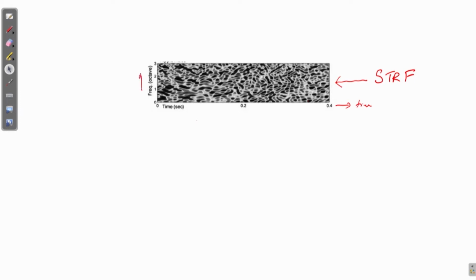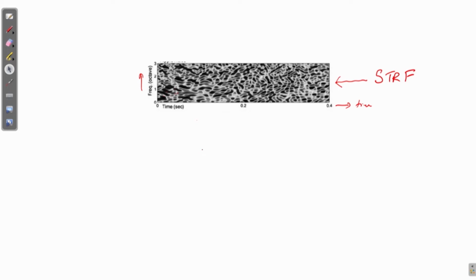On the y-axis we have frequency in octaves, and the grayscale is showing the intensity of the energy at different time points and different frequencies in the sound signal.